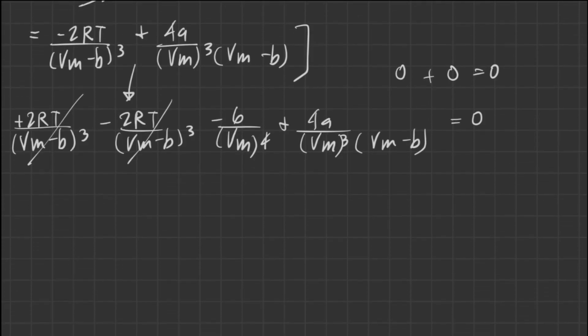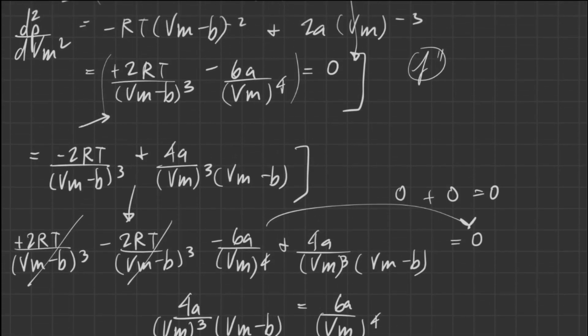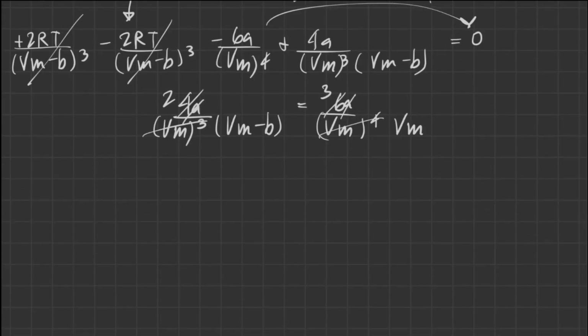So these terms cancel out, and we can move this negative term to the opposite side of the equals sign. Okay, there you go. So we can cancel out 3 of these 1 over Vm terms, and this leaves us with 1 there. We can also cancel out this a, and we can divide by 2. That gives us the following: 2 over Vm minus b is equal to 3 over Vm.